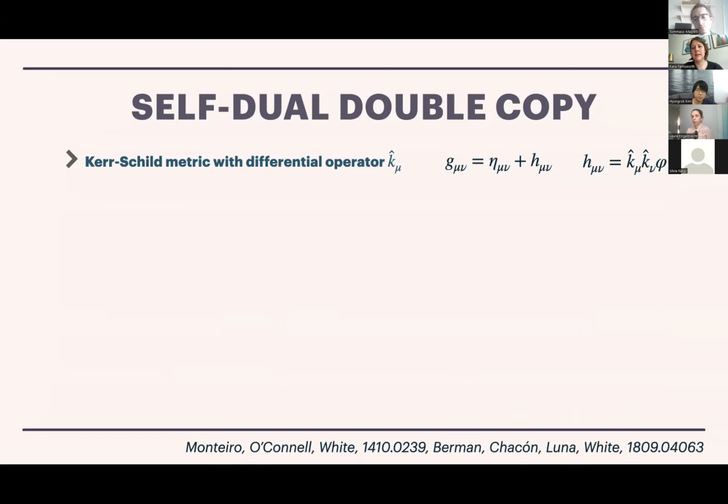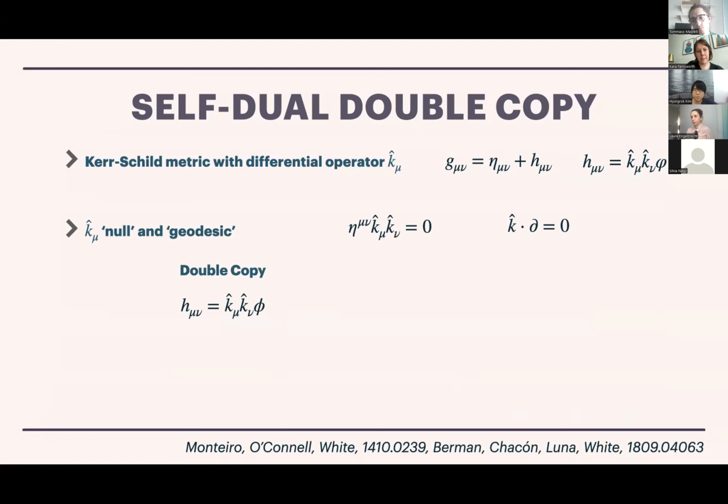So your graviton is k mu acting on a scalar phi. You can impose some null and geodesic type constraints on this differential operator so that your equations of motion linearize again, and then do the same kind of double copy procedure. Sorry, these phi's should be the same. I wrote far phi and normal phi, but that's wrong. They should all be the same.